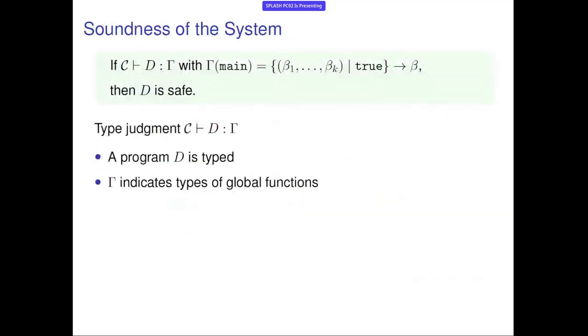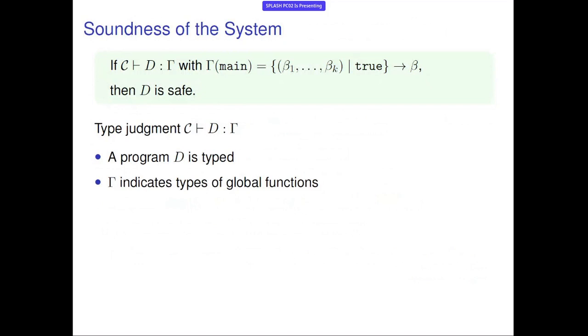Of course we have more typing rules, but we stop there. I will explain the soundness, a key property of this type system. First I'll explain this program type judgment.